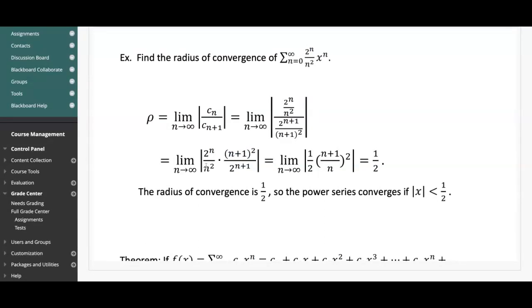N plus 1 squared and n squared, we can write together as n plus 1 divided by n, squared. As n goes to infinity, n plus 1 over n becomes 1. So we just get a half. So it's a finite number, so the radius of convergence is a finite number. Then we see the radius of convergence is a half. Right. The power series converges if the absolute value of x is less than half, or x is in between -half and half.